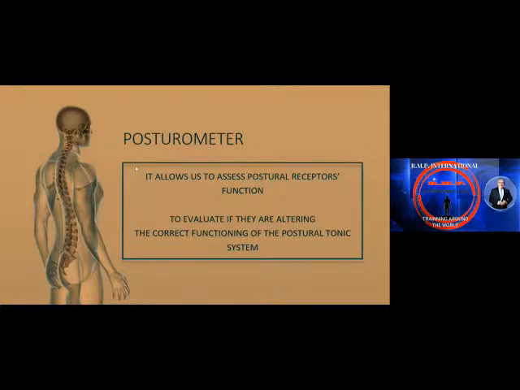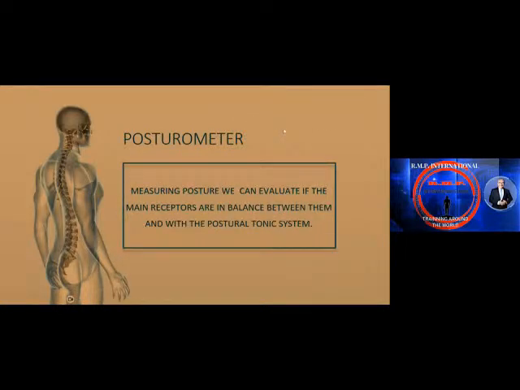Is there any interference? If we don't have interferences between them, that's very important in my opinion. Measuring posture, we can evaluate if the main receptors are in balance between them. If they are not in balance, we can observe what they are doing to the tonic postural system.